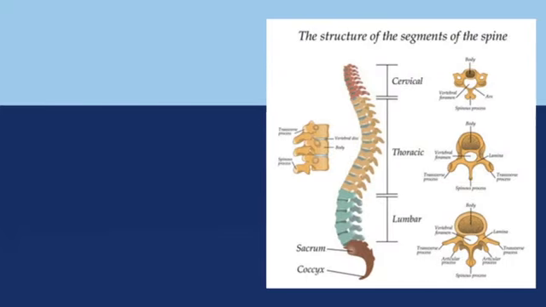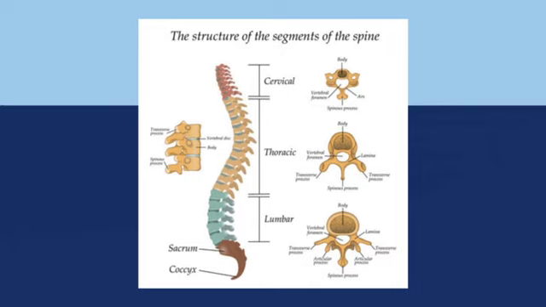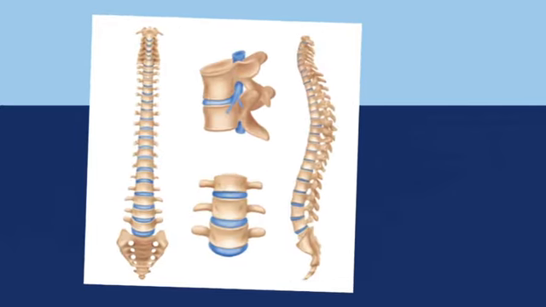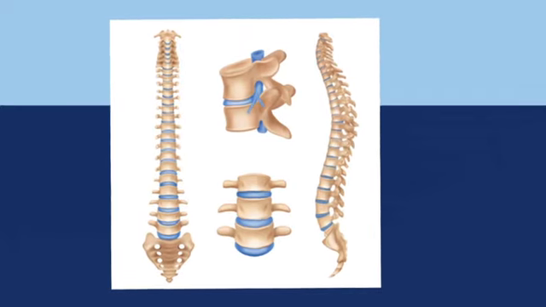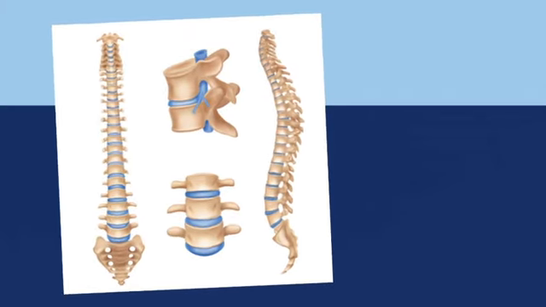The bones of the trunk are the spinal column or the spine and the chest, ribs, and the breastbone. The spine consists of cervical, thoracic, lumbar, sacral vertebrae, and the coccyx. The vertebrae is the small bone which is formed by the body and the arches.